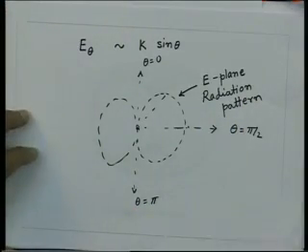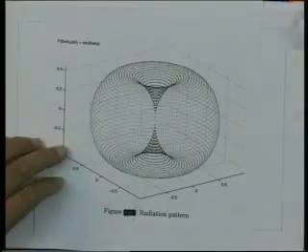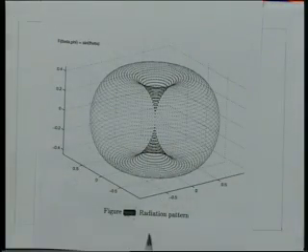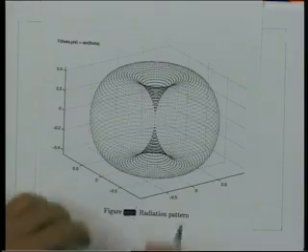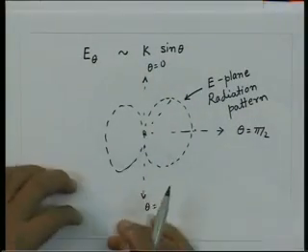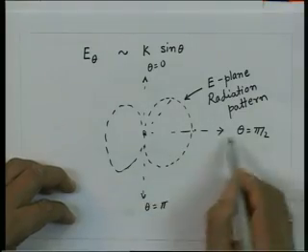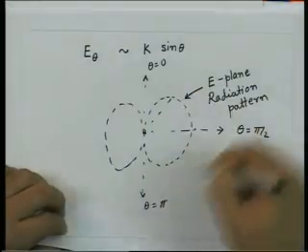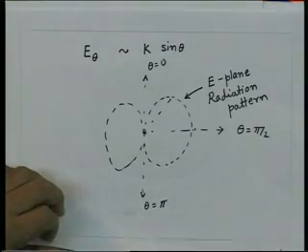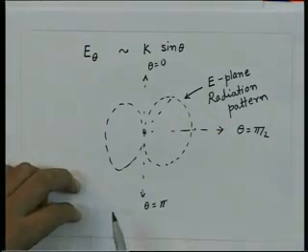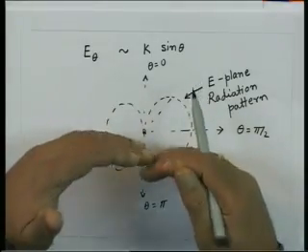The other principal plane by which we can cut this 3-dimensional figure is the plane perpendicular to theta, which is the horizontal plane. If I cut this figure at the location where theta is equal to pi by 2, I will get a figure which will be a circle. And since the magnetic field has only a phi component, this plane essentially contains the magnetic field vector.